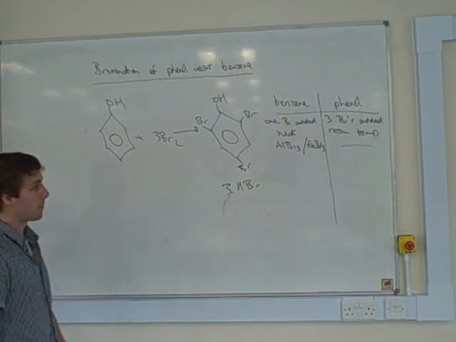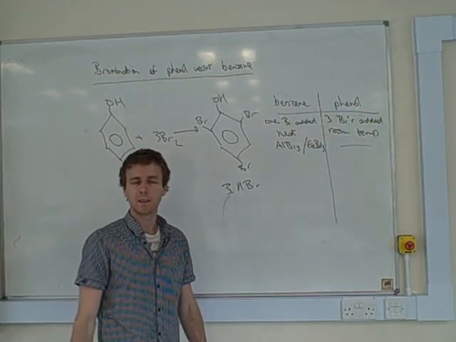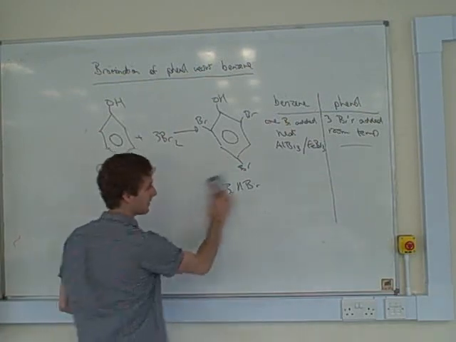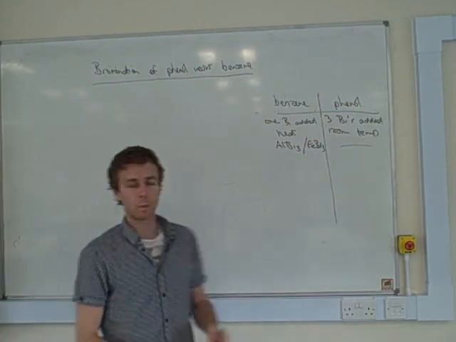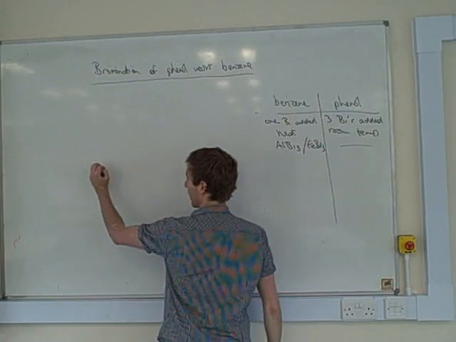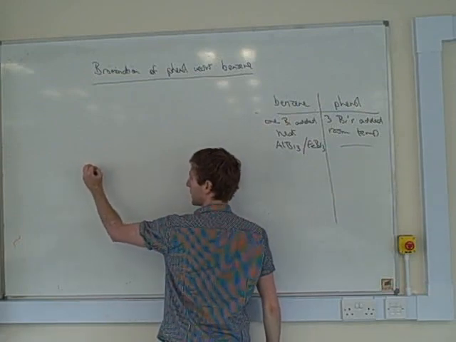Why is it that phenol is brominated so much more easily than benzene? And you've probably guessed it, it's all about this OH group. So I'll draw a skeletal formula.